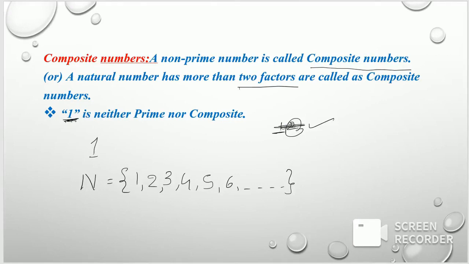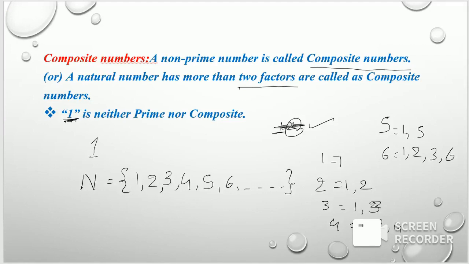For number 1 we have only one factor. For 2, 1 and 2, the number of factors is 2. For 3, 1 and 3 itself. For 4, 1, 2, 4. For 5, 1 and 5. For 6, 1, 2, 3, 6, and so on.